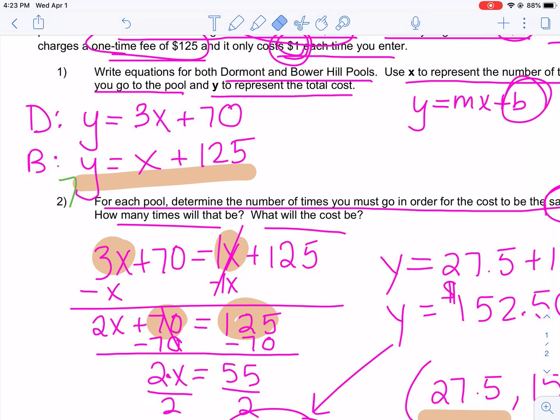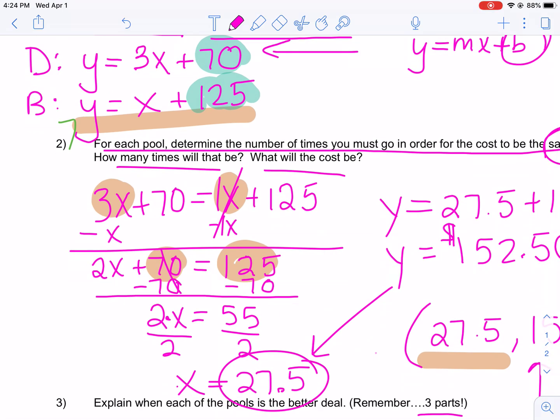Well, look at the one-time fee. So the one-time fee for Dormont is $70. Remember, that's what you have to pay before you even go to the pool. And the one-time fee for Bower Hill is $125. So if you're going to go fewer times, this pool is going to be less expensive. You're only going to have to pay $70 as opposed to $125.